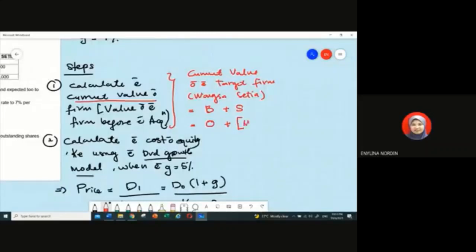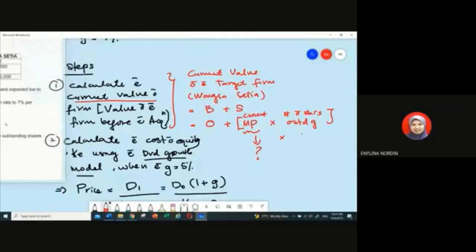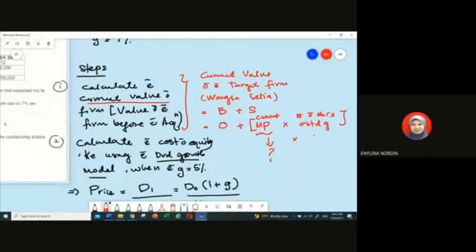It is the current market price of the target shares multiplied by the total number of shares outstanding. We do not have this market price, so we need to find it out, but we do have the 250,000 shares given in the question.